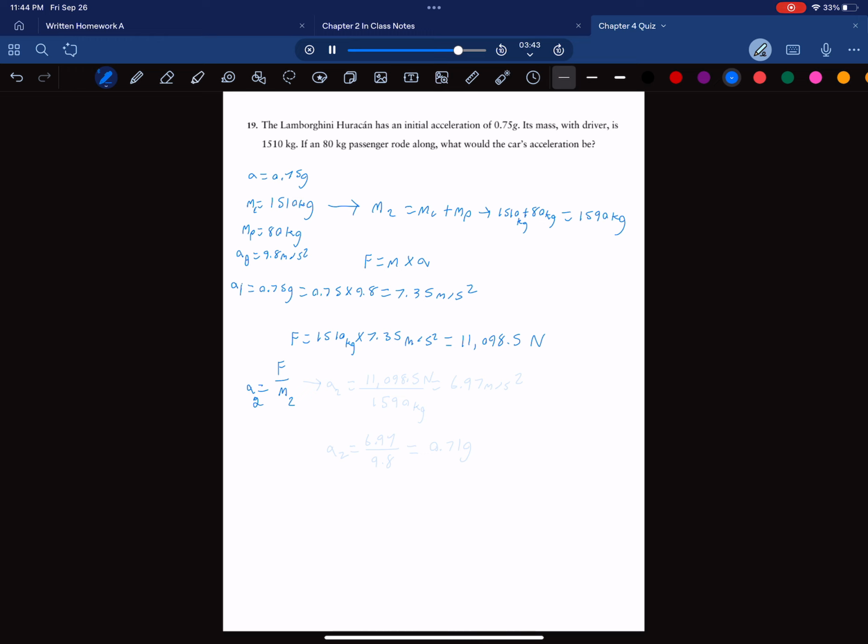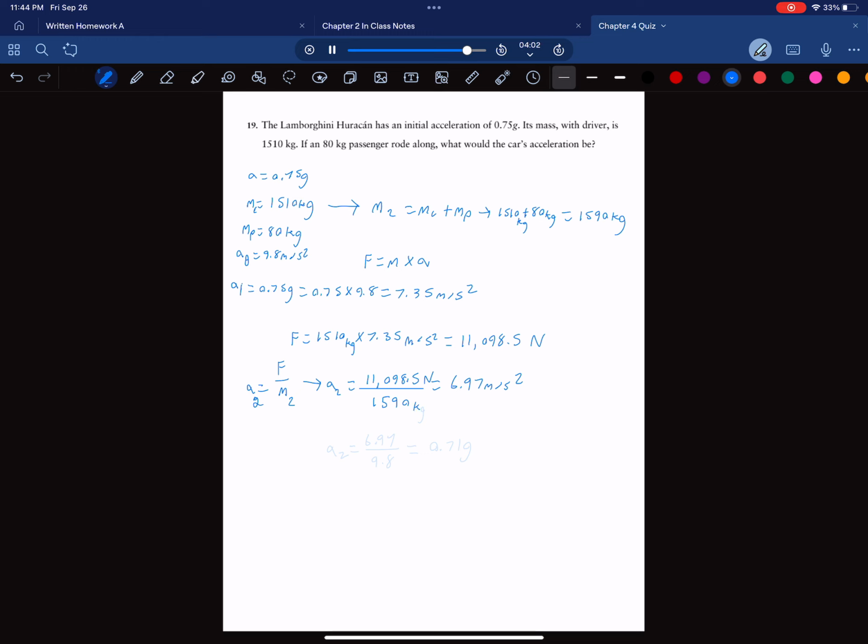What we'll be seeing with this is we plug in our numbers. A2 will equal 11,098.5 over 1590. And what we'll get from that is 6.97 meters per second squared.